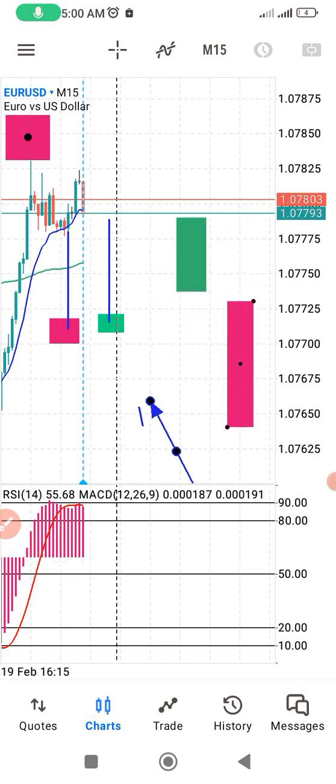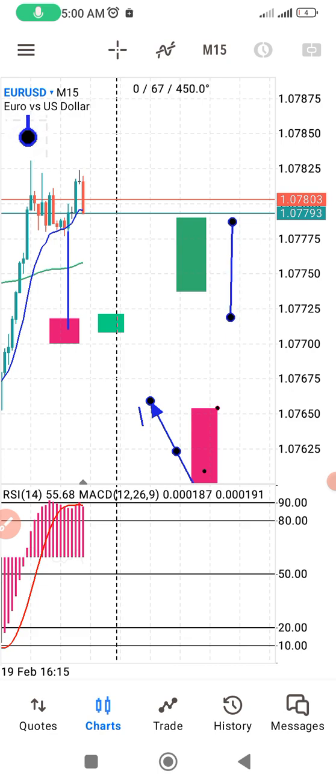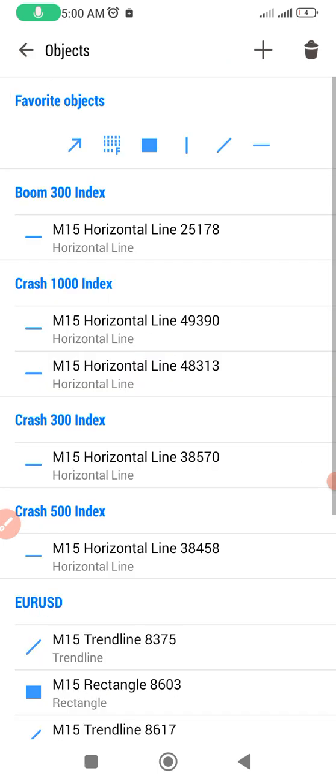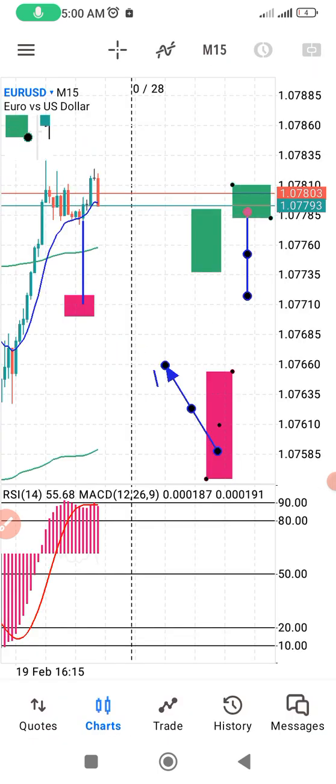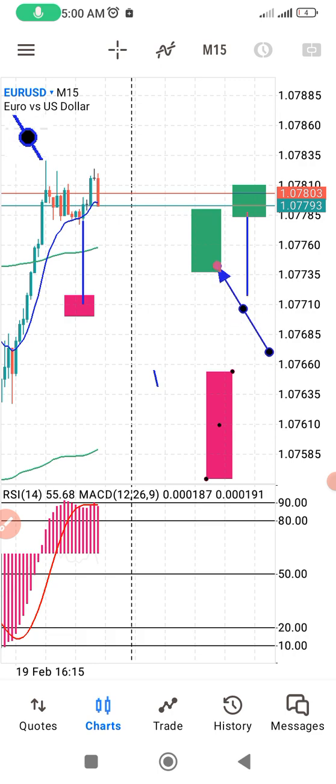Or maybe in another scenario, you have this, and then this follows. So you have this, and then you have this rejection forming a pin bar.